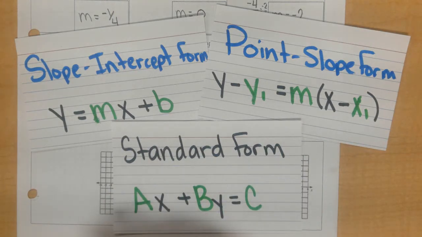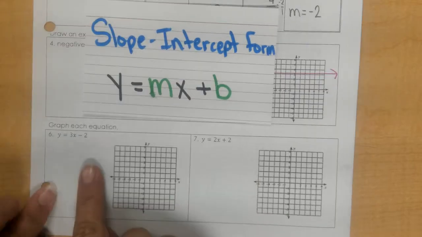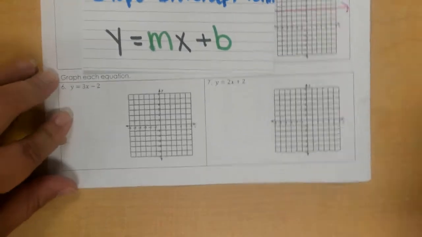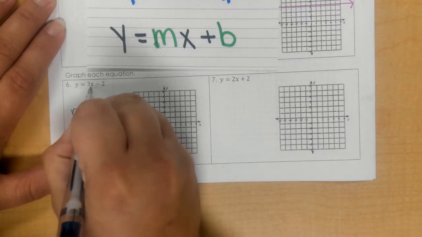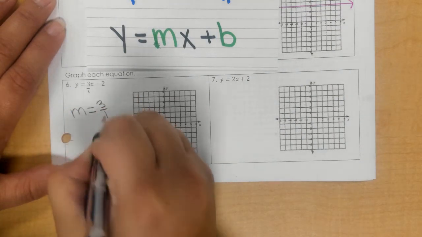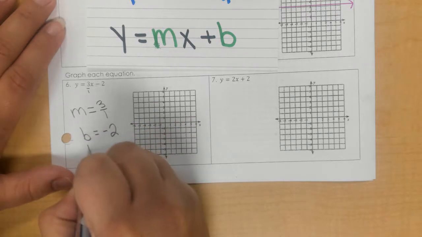And for both of those problems, they look just like slope-intercept form. Okay, so I would look and say, okay, for both of these, what is my slope as a fraction? It's always in front of x, so that would be 3 over 1. And what is my b? And that's negative 2.